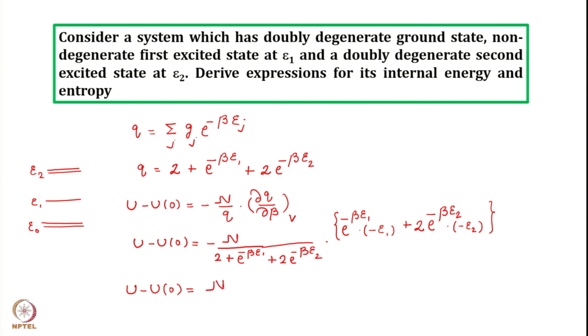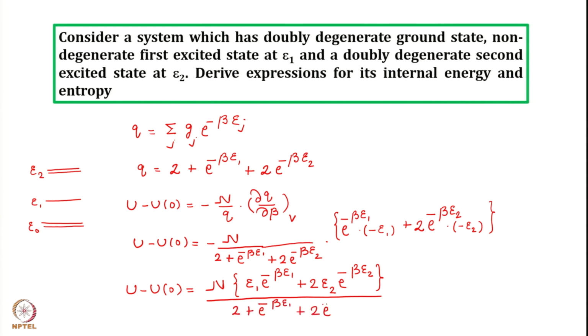So what I have is N, and then I have E1 exponential minus beta E1 plus 2E2 exponential minus beta E2 in the denominator. I have 2 plus exponential minus beta E1 plus 2 exponential minus beta E2. This is the expression for internal energy.